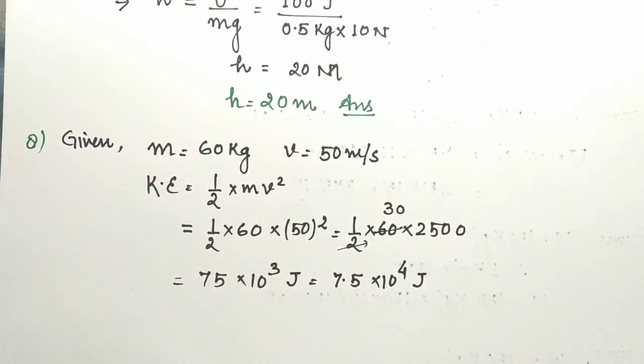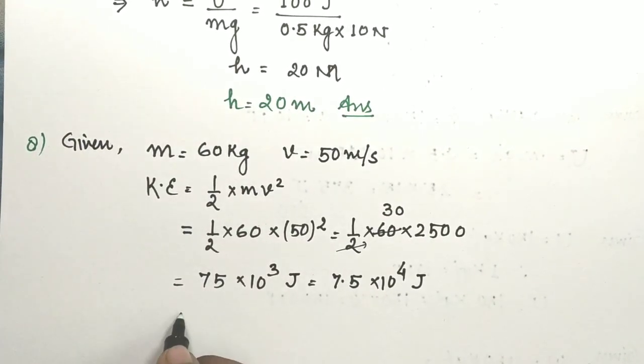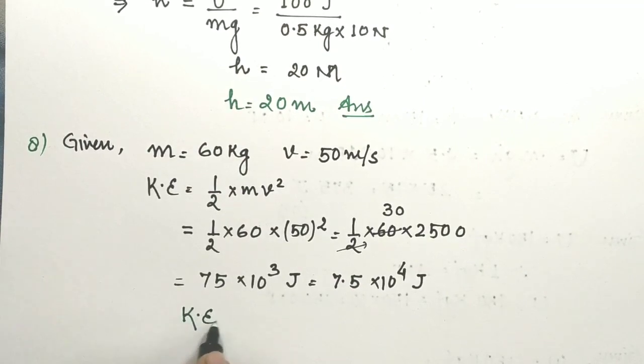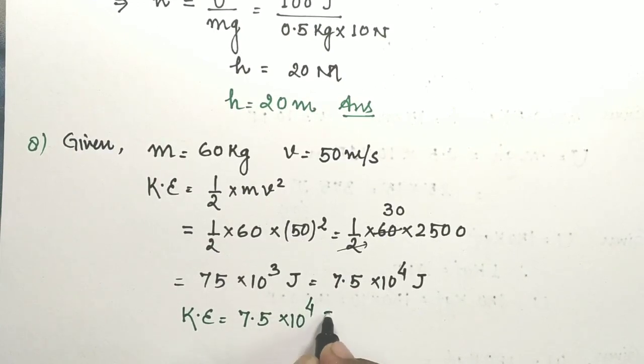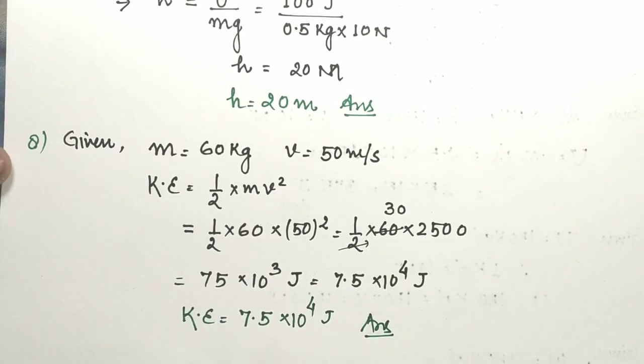So the kinetic energy of the moving object in this condition will be 7.5 into 10 raised to 4 joule, the answer for this numerical.